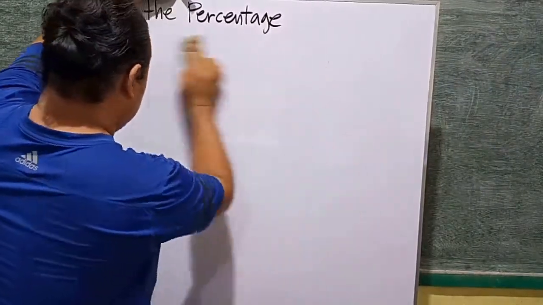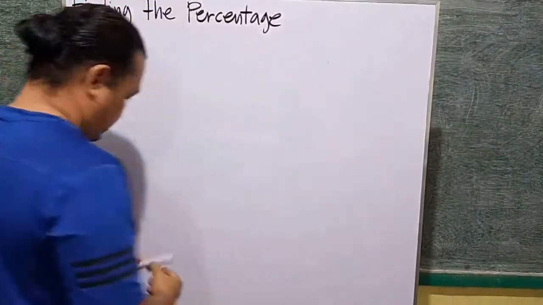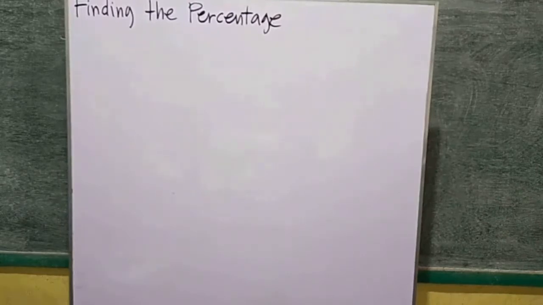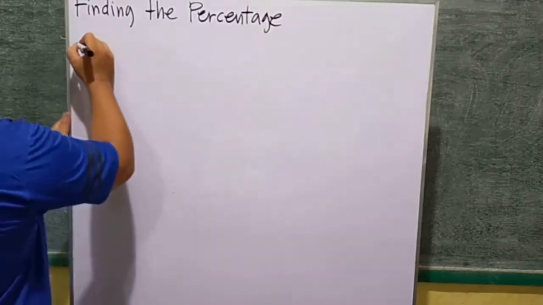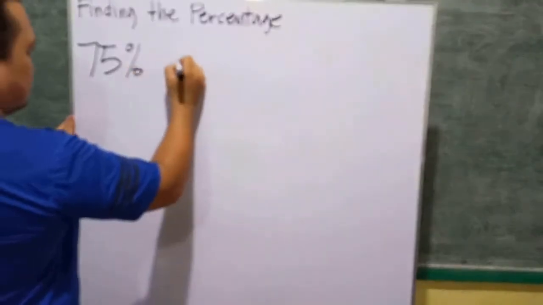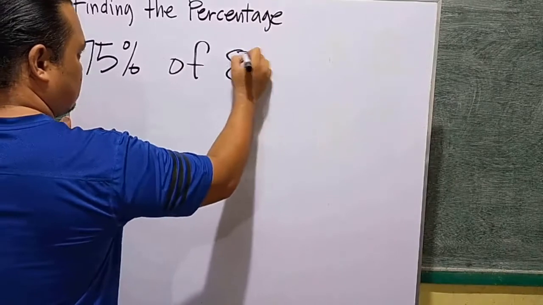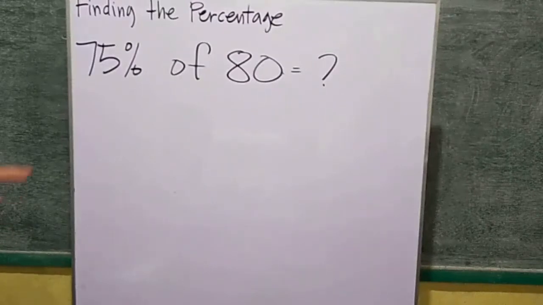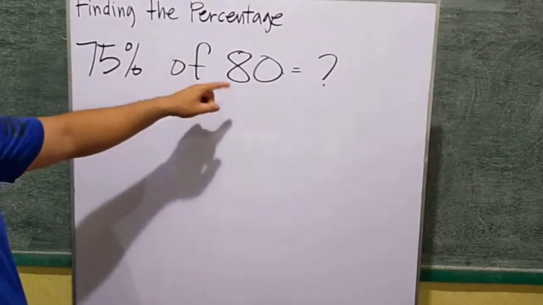For example, we have 75% of 80. What is 75% of 80?